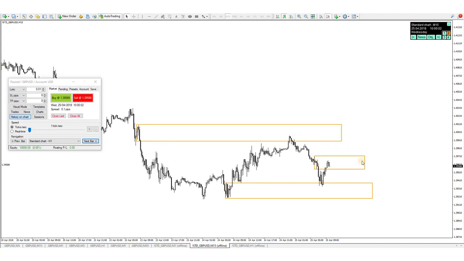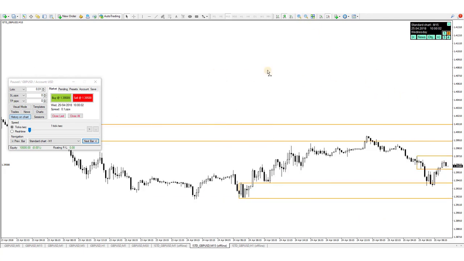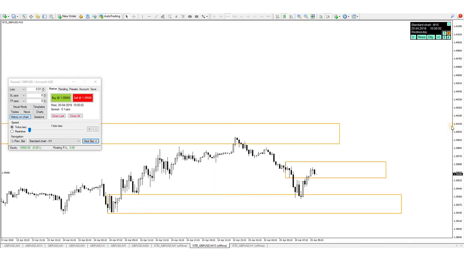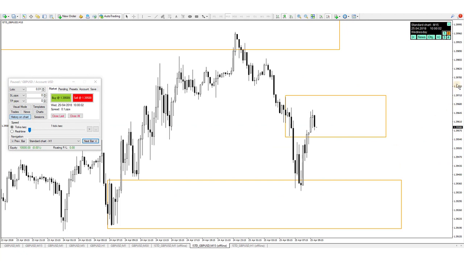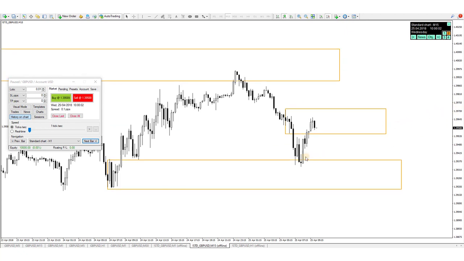But here we already can see the fresh new supply zone where price already is. So for me it is good to look really for sells. But if I would now zoom this in, I can see here a beautiful imbalance.